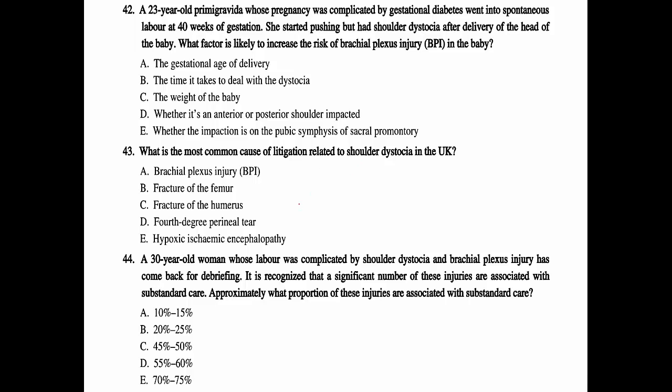Excellent. A 30-year-old woman whose labor was complicated by shoulder dystocia and brachial plexus injury has come back for debriefing. It is recognized that a significant number of these injuries are associated with substandard care. Approximately what proportion of these injuries are associated with substandard care?